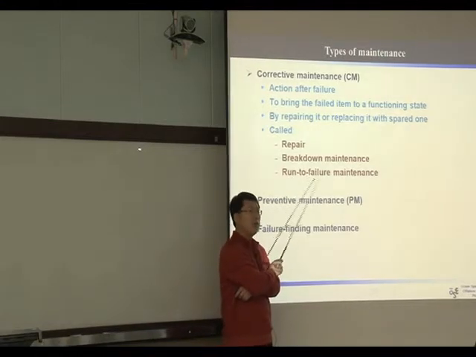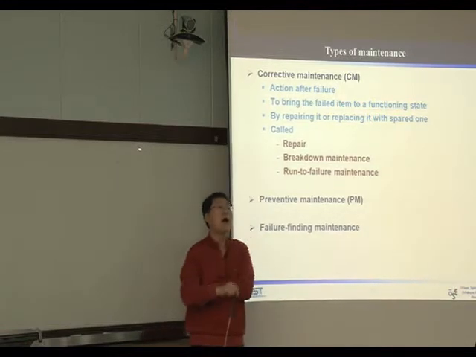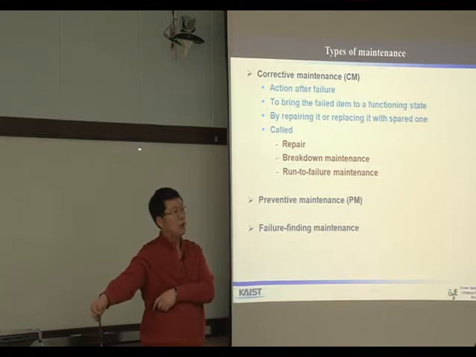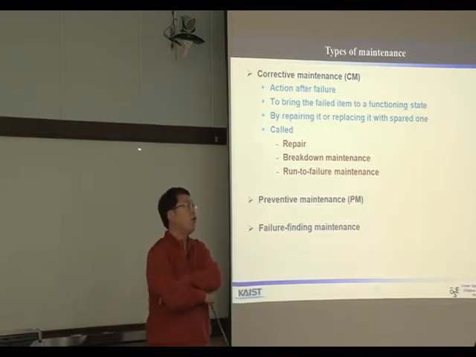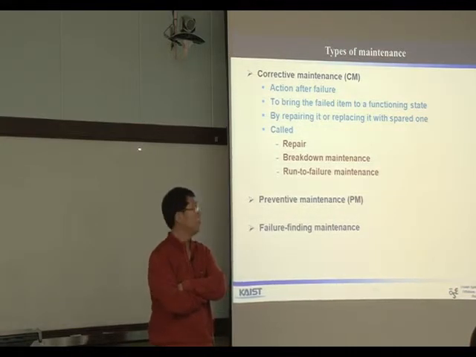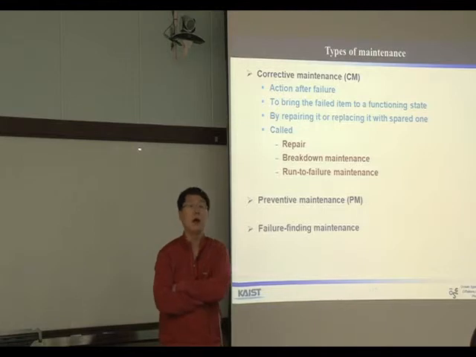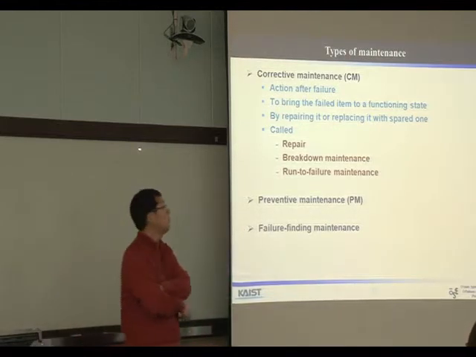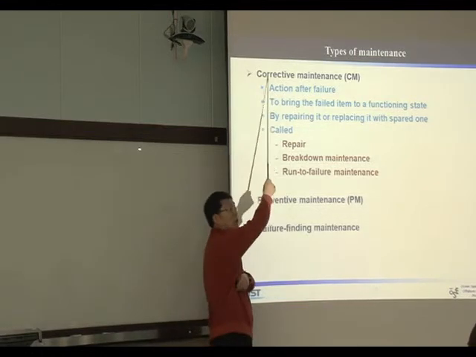Run to failure. We just wait until the item runs to failure. So this maintenance policy is called run to failure maintenance. Run to failure maintenance is just corrective maintenance.